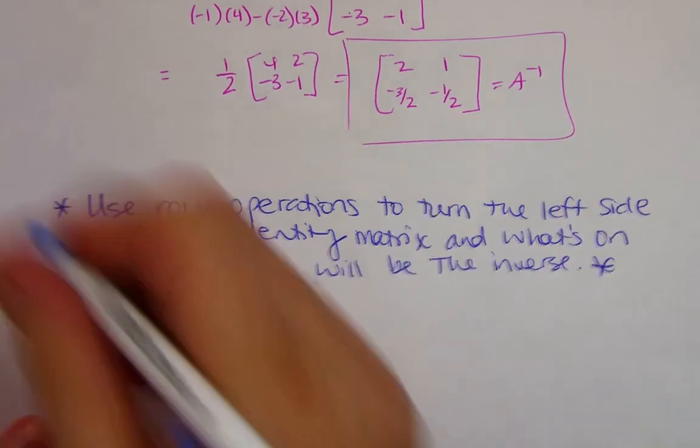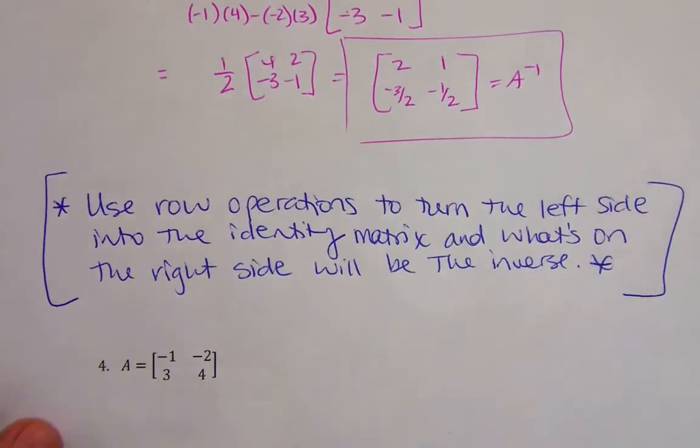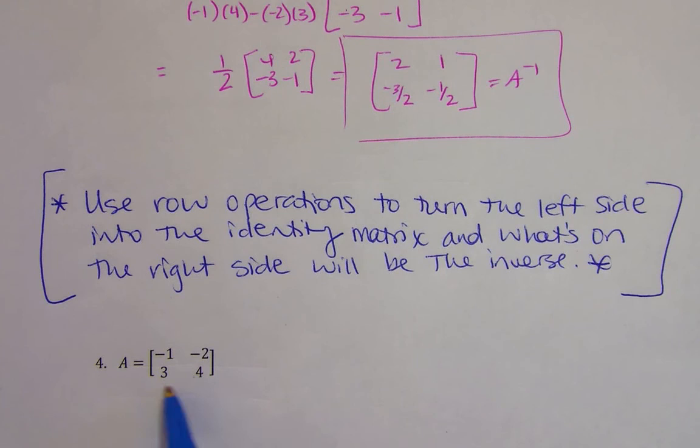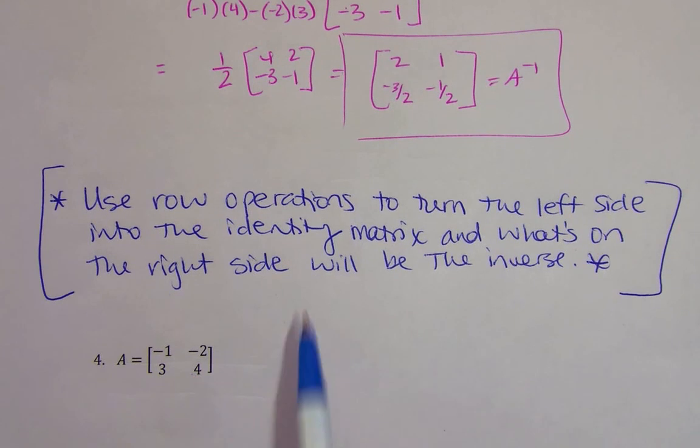So these are some directions here for another method we can use for finding the inverse. Now, I'm going to show it to you first with an easy 2 by 2 matrix, but the method that I'm describing here will work for any square matrix. So we could have a 3 by 3 or a 4 by 4 and so on.